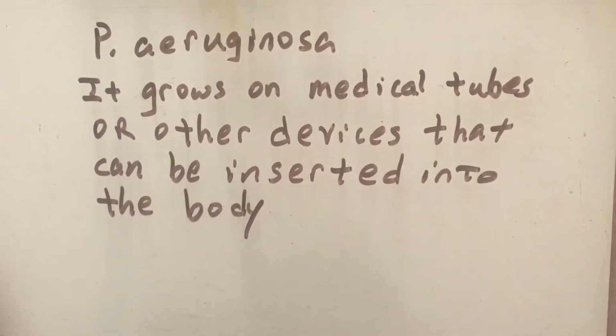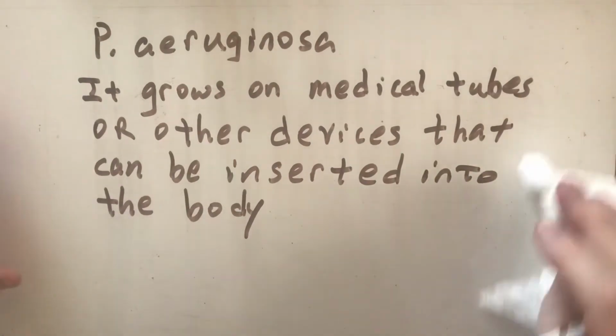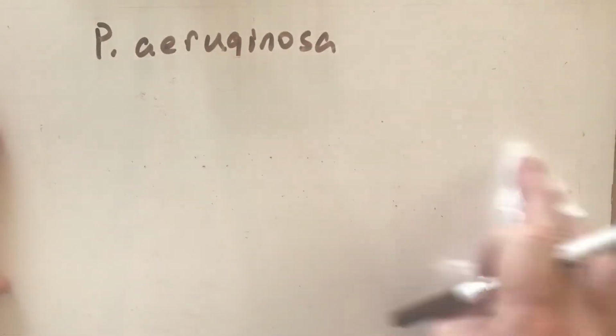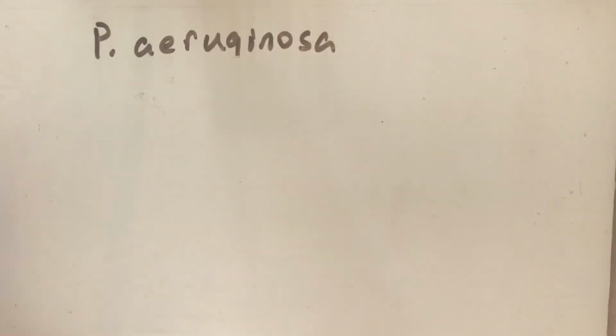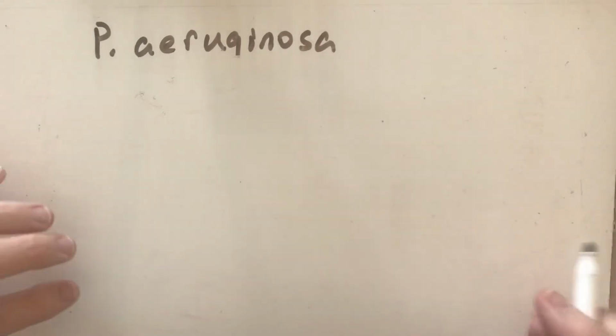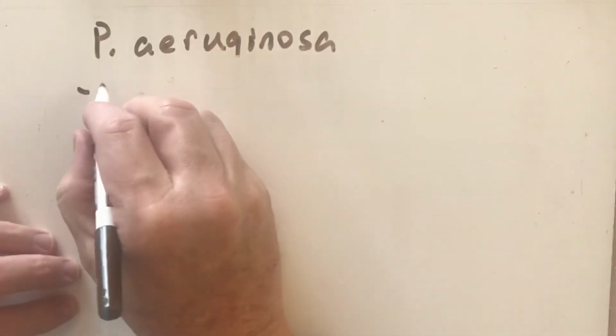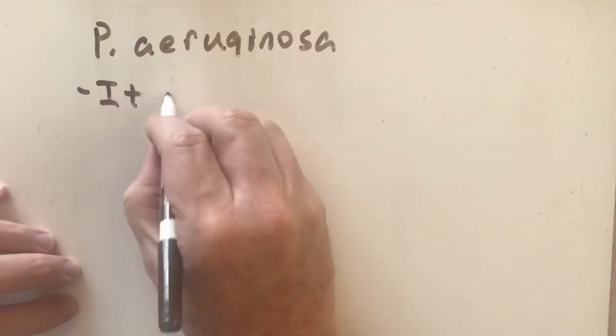The thing about this, though, is not only is it found on medical tubes, which is to be expected, but it can also be found in things such as vases. Basically, where there's water, it is found.